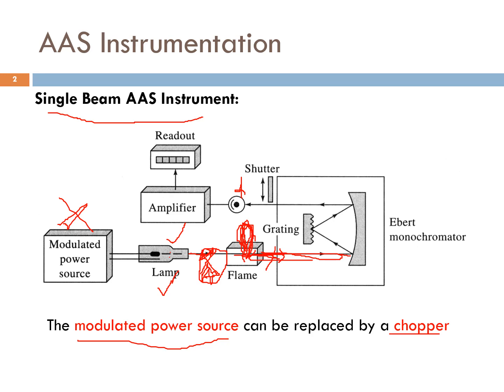Nanti kita akan belajar hollow cathode lamp ni ada metal of interest dan akan berlaku proses kat sini yang mana hanya emitted radiation from that metal akan being emitted from the lamp dan akan diabsorb oleh metal of interest dalam flame. And then bila metal of our interest absorb the radiation, yang tak absorbed akan di-transmitted and go through the monochromator.